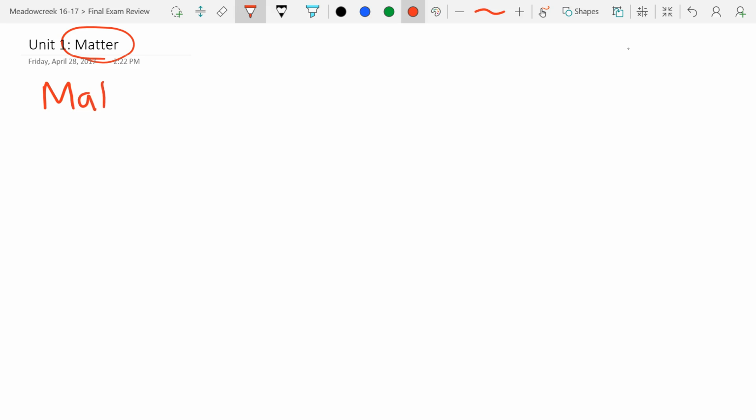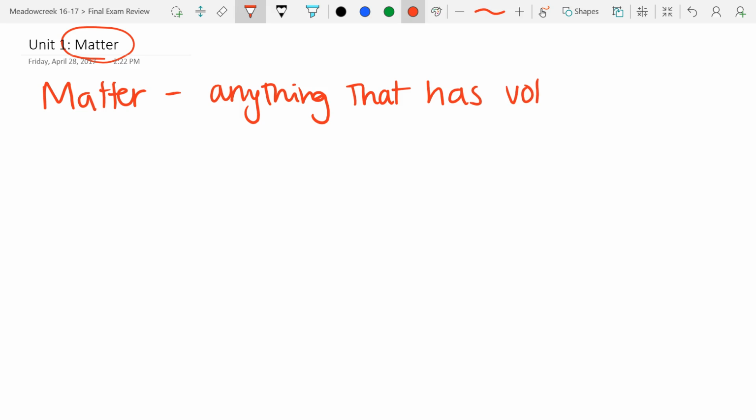Okay, now the key thing about matter is we need to talk about what matter is. Matter is anything that has volume and mass. Now you might be saying, well, that's cool, but I don't know what volume and mass are.